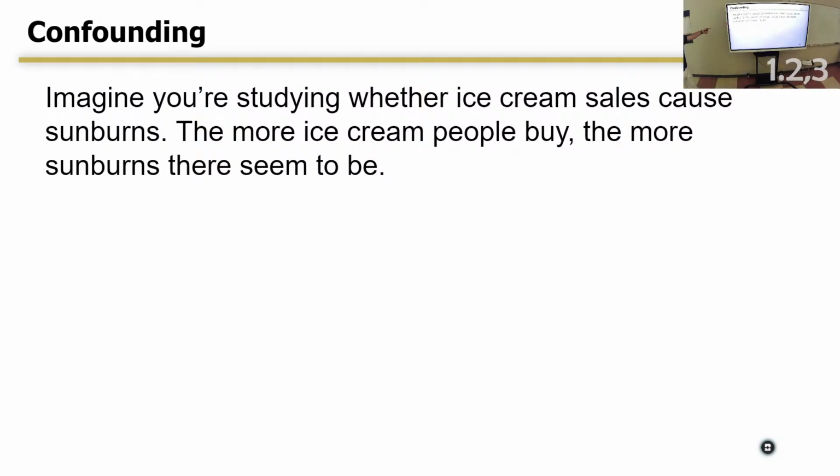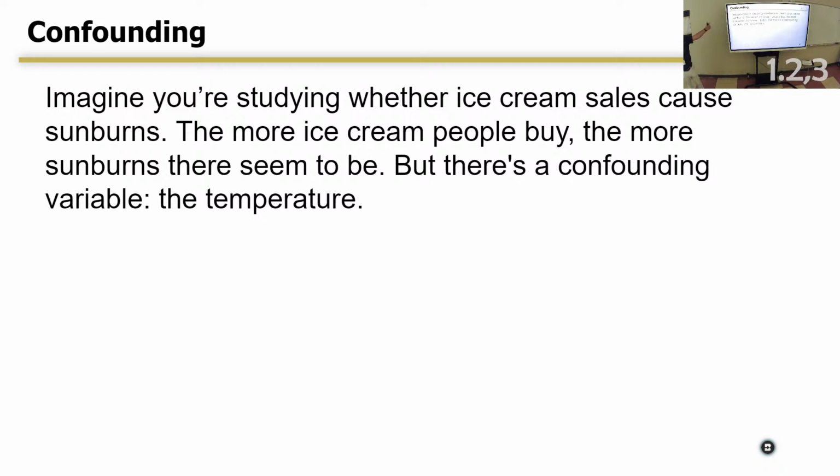But there's a confounding variable, temperature. As the temperature goes up, ice cream sales go up. As the temperature goes up, the sunburns go up. There's a variable out there that's affecting both.